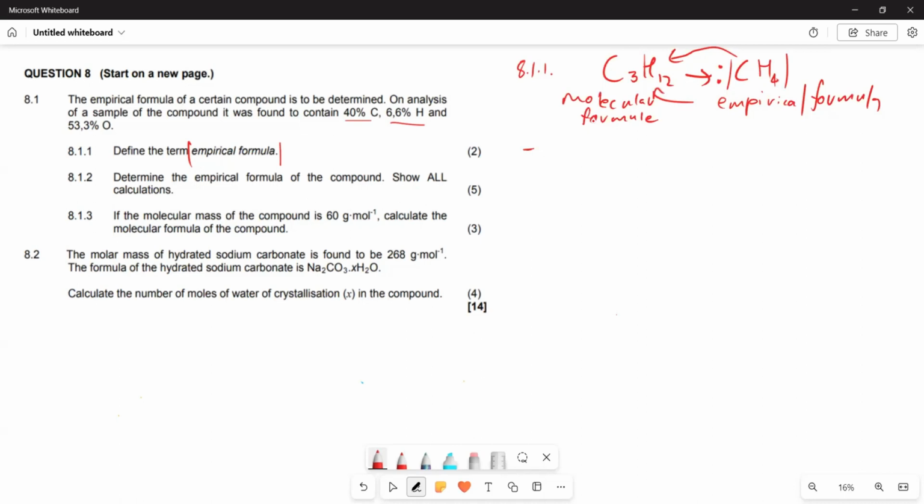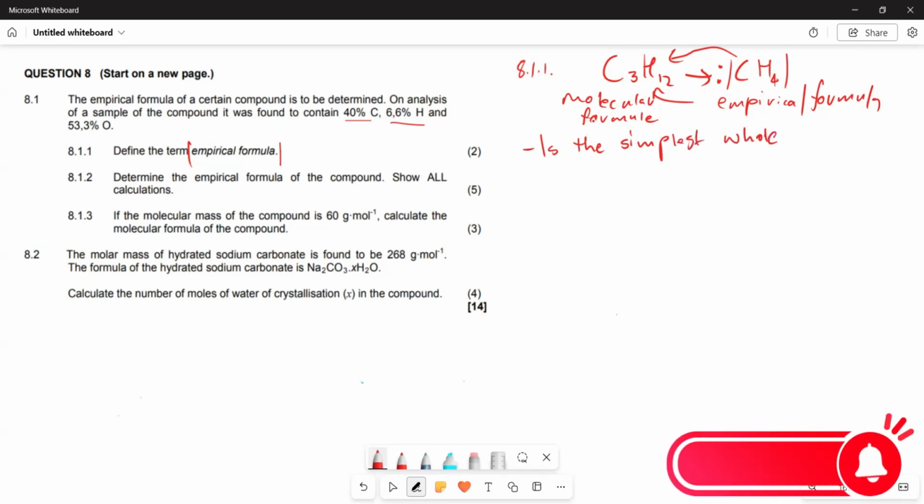It is the simplest whole number ratio of atoms in a compound. So this is basically your empirical formula.